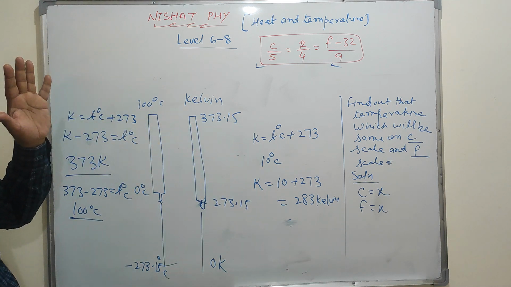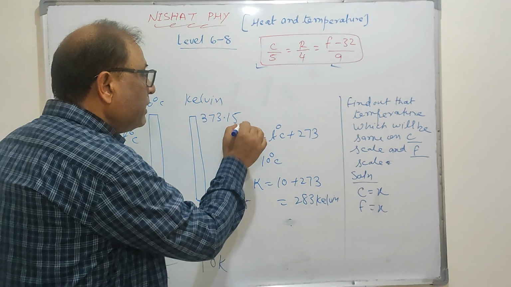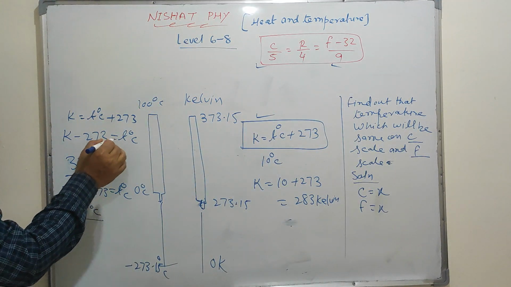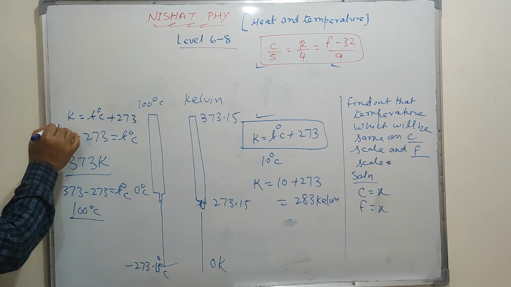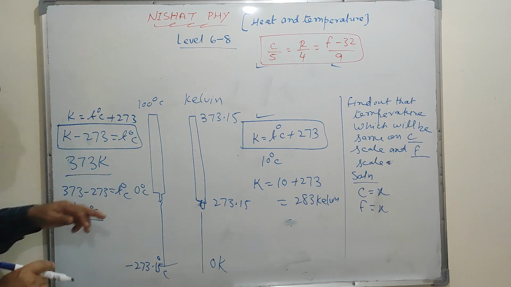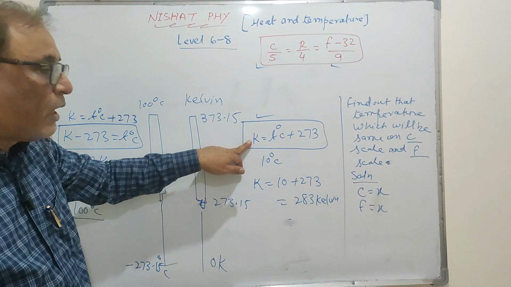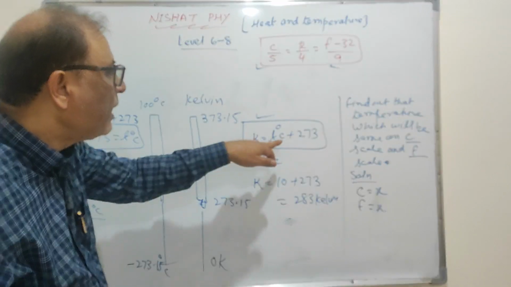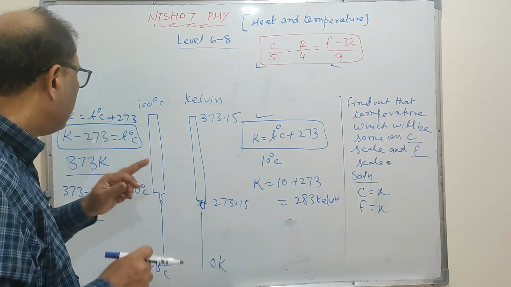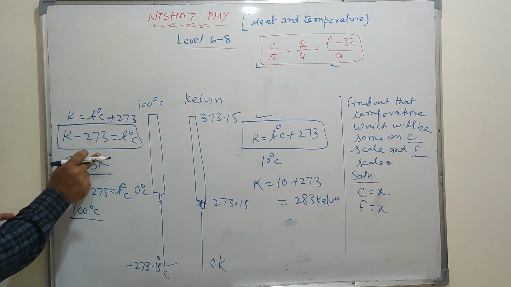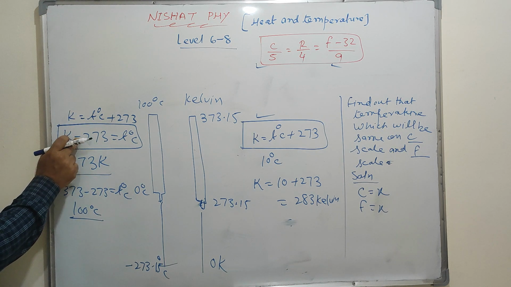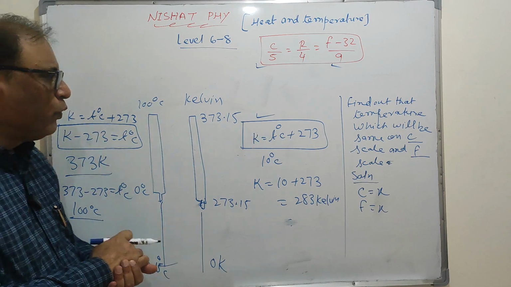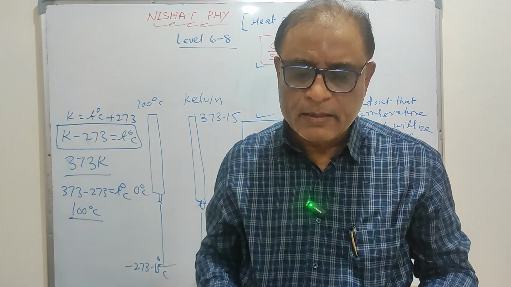Otherwise, if you want to convert degree C into Kelvin, use this. If you want to convert Kelvin into degree, then see: Kelvin is outside the bracket, outside the equal sign, means to convert Celsius into Kelvin add 273. To convert Kelvin, subtract 273, and that is T degree C. So I hope you have got this.